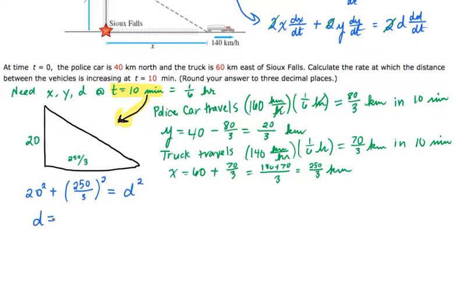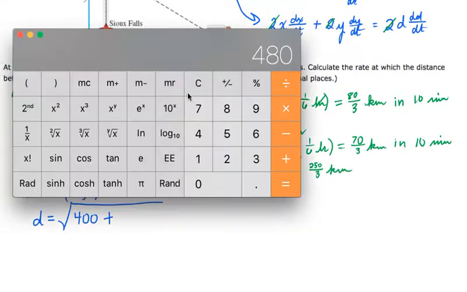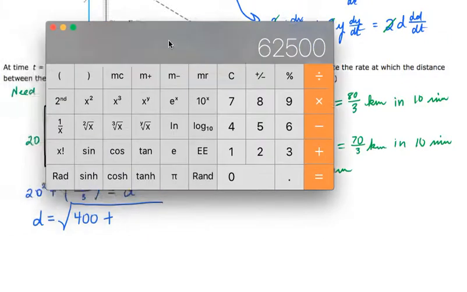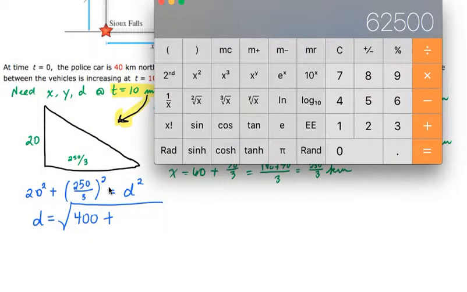So d is equal to the square root of 20 squared, which is 400, plus, let's see what that one comes to here, 250 squared is 62,500 over 9.